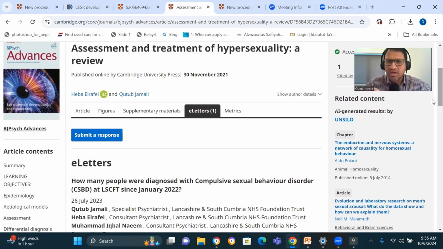Because I had experience of e-letter publication, I thought that this doesn't have to be a 3,000, 4,000 word article. I would just do a 500 word article and then publish it as an e-letter. In every hospital, we've got a certain template of how to do the reporting of an audit, so I tried to use that in this e-letter.